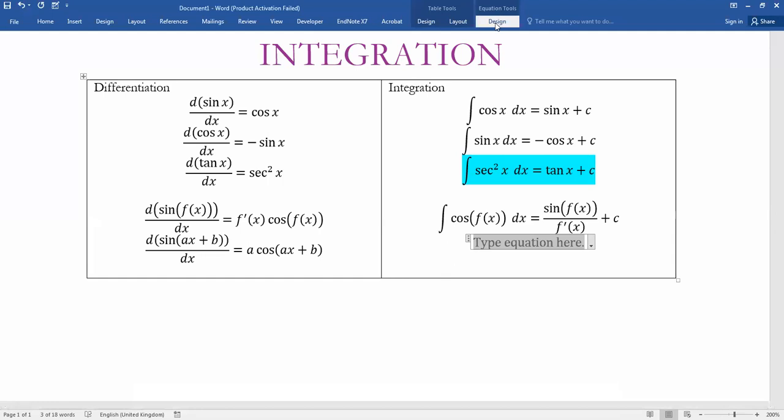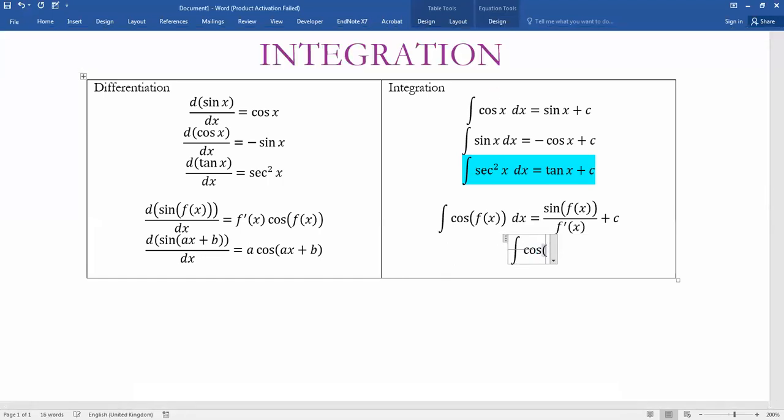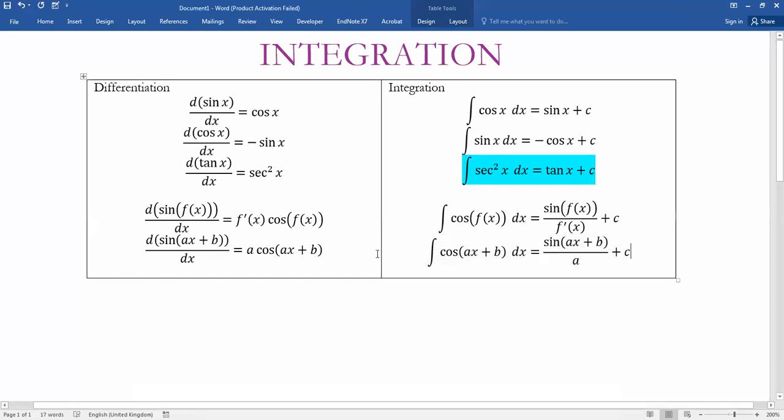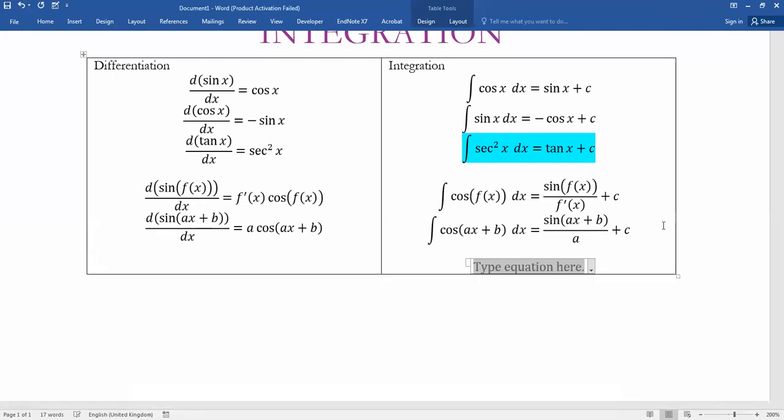Yes, sir. Again, using a very easy example, if I tell you the integral of cos of ax plus b dx, what will that be? Sine of ax plus b divided by a, plus c. Is that right? Yes, sir.